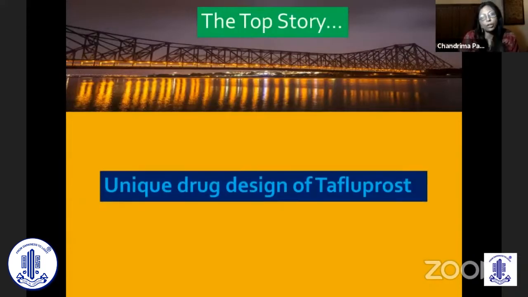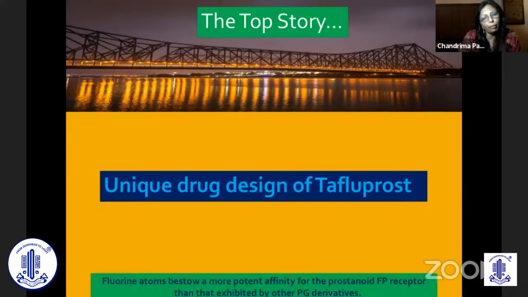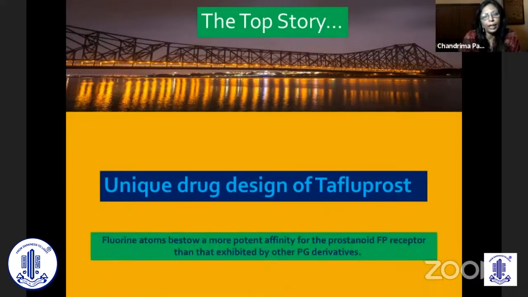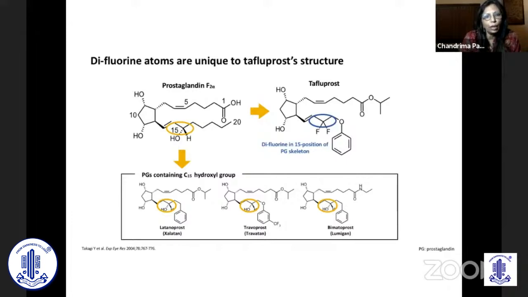But the top story here this evening is the unique drug design of tafluprost, where the fluorine atoms bestow a more potent affinity for the prostanoid FP receptor than that exhibited by the other PG derivatives. If you look there, the 15th position is substituted by the difluorine atoms, which is different from all the other prostaglandin analogs.